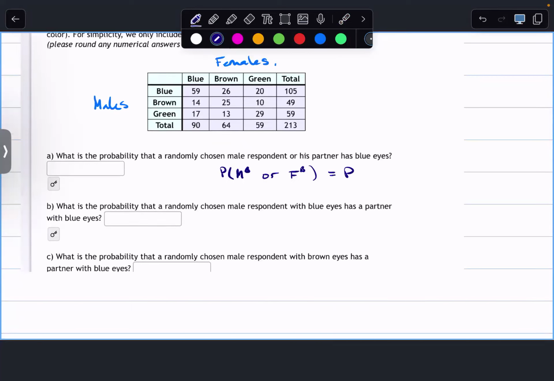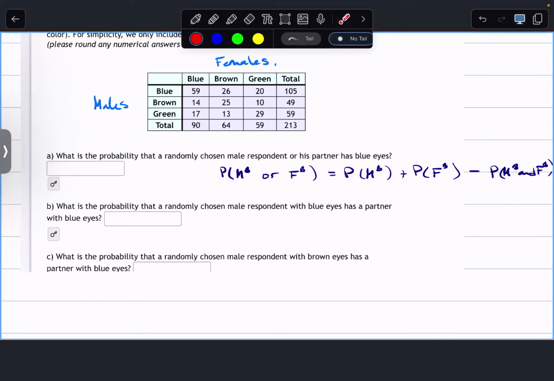This is the same as the probability that the male has blue eyes plus the probability that the female has blue eyes, but then you have to subtract the overlap. This is overkill for this question, and I'll show you why. But this, subtract the probability that the male has blue eyes and the female has blue eyes.